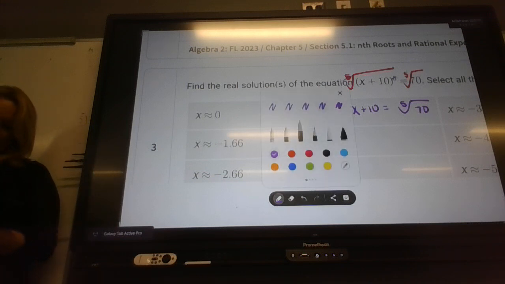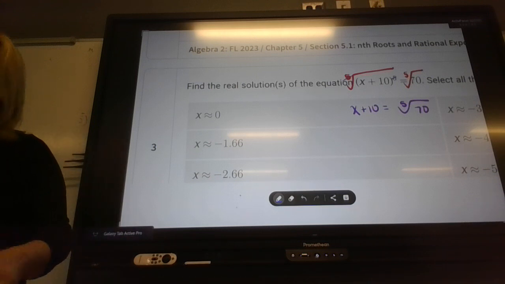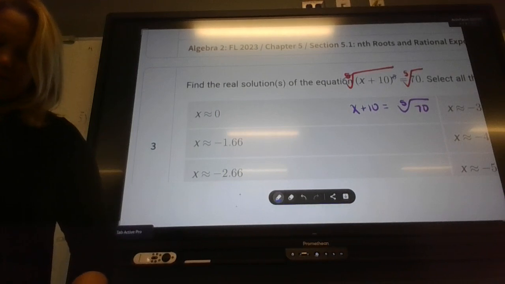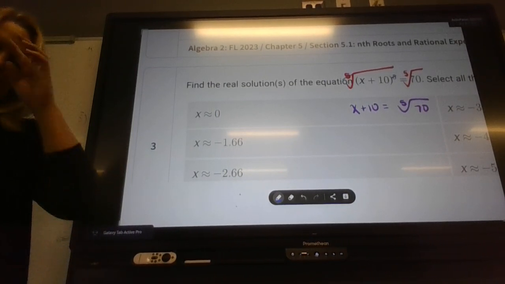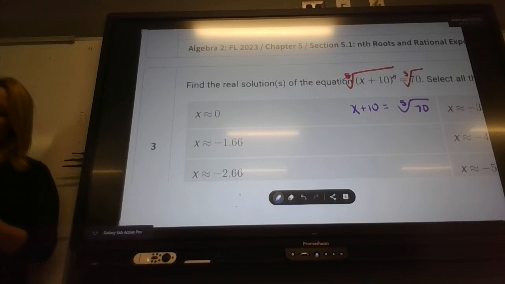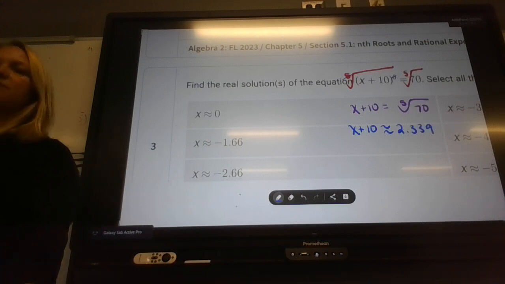And then I'll go ahead and do the fifth root of 70. It's approximately 2.339. I'm going to store the whole decimal in my calculator.